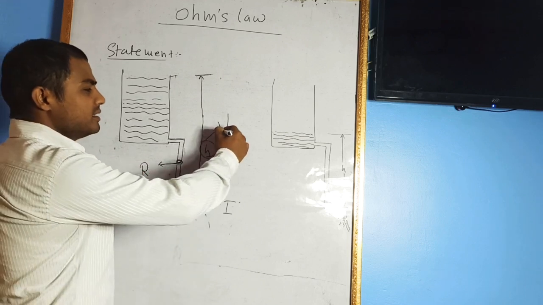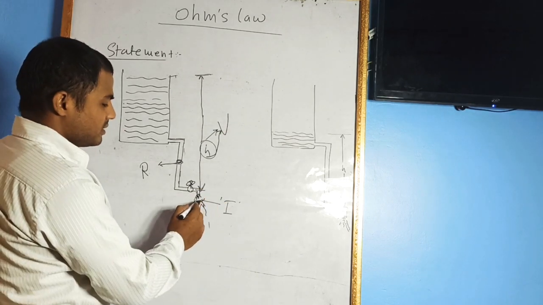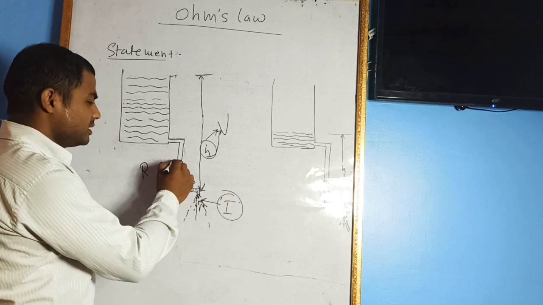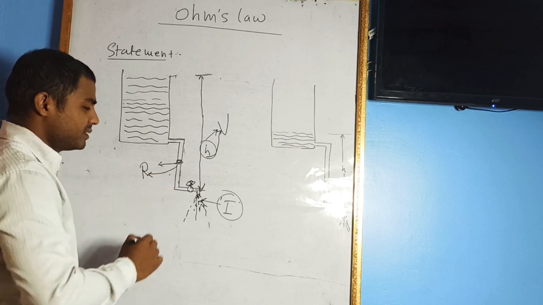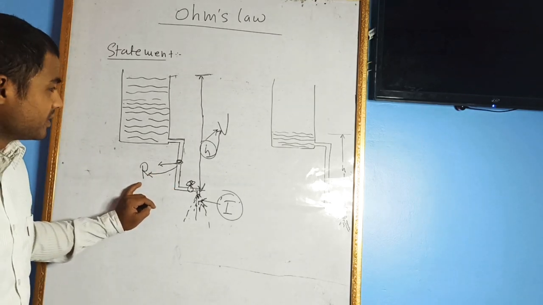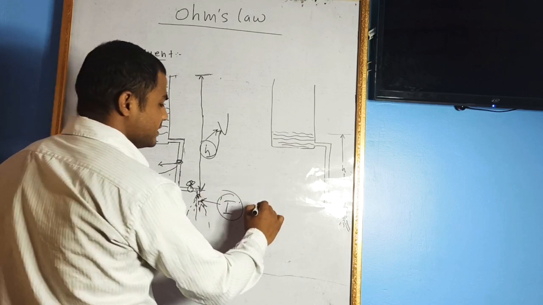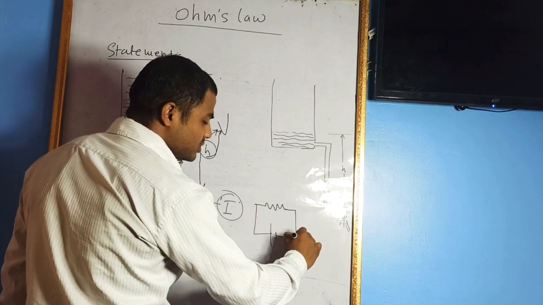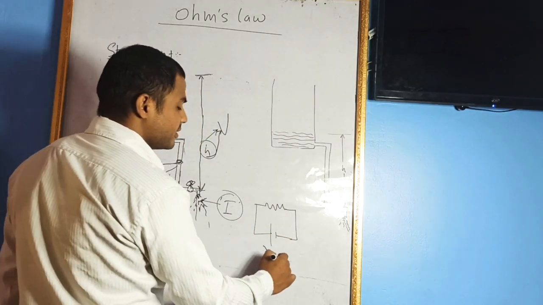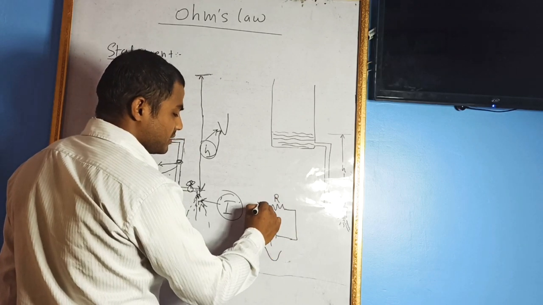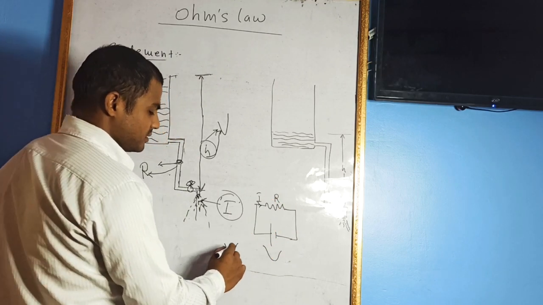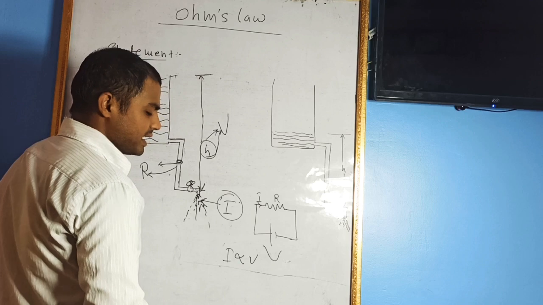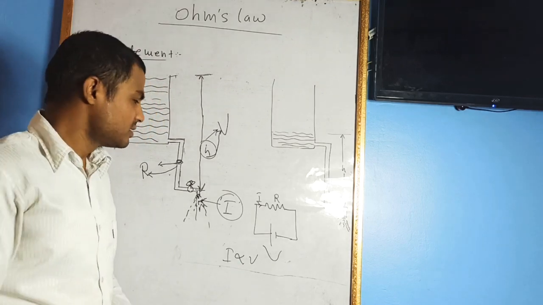Here height denotes voltage, flow of water denotes current, and the thickness of the pipe denotes circuit resistance. So in the case of electricity, if we increase the value of voltage, according to Ohm's law, that causes the value of current to increase. V equals I R. So the current is directly proportional to voltage and inversely proportional to the resistance.